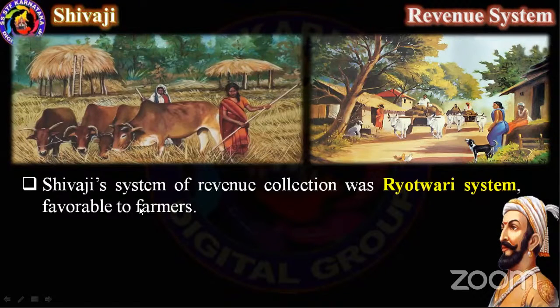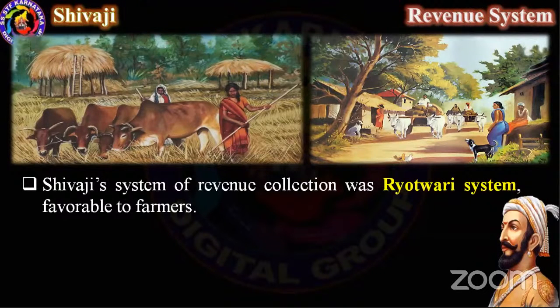Mahalwari, Raitwari, and Zamindari are the 3 important land revenue systems which were practiced by the British. But here, Shivaji practiced Raitwari instead of Zamindari and Mahalwari.